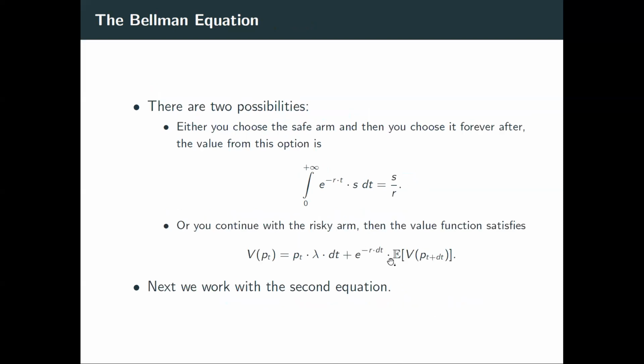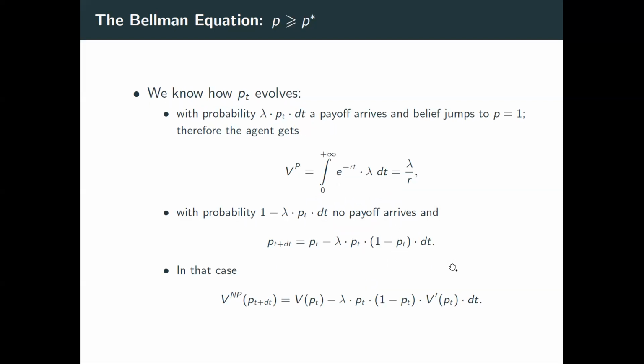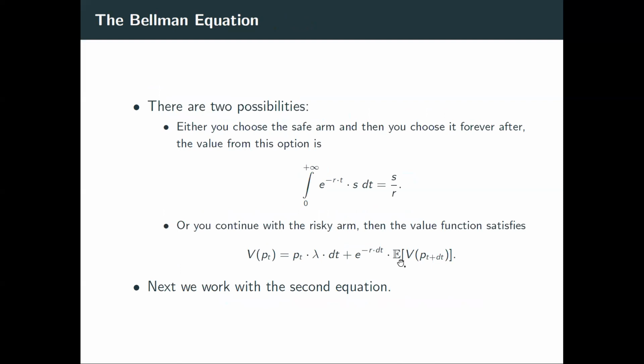Therefore, to calculate the expectation, we just need to weight: these are the weights with which you either jump to belief equal to 1 or depreciate like that. So with this probability you get this value function, and with this probability you get exactly this value function. So it will be like A multiplied by B plus C multiplied by D. And next, we will just substitute this inside.